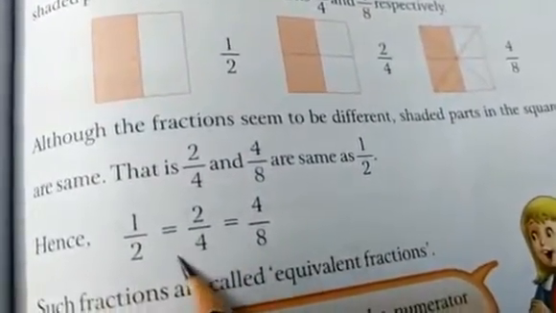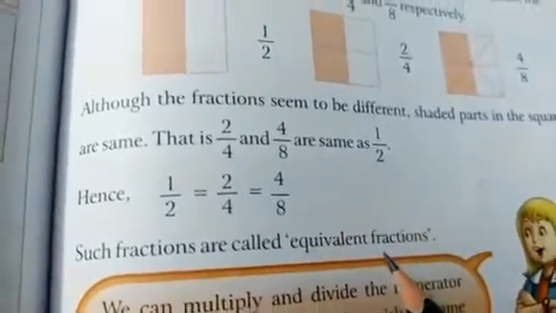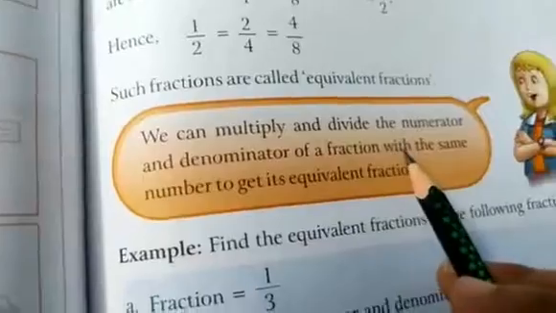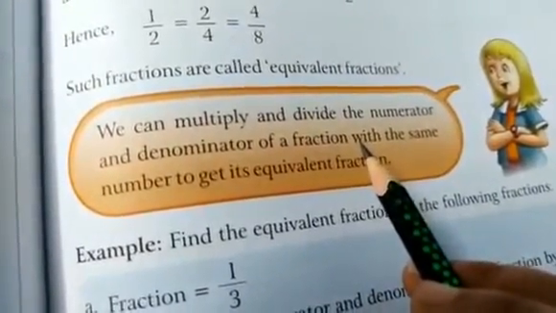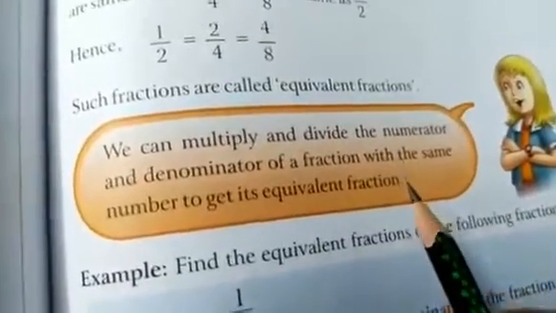Okay, hence 1/2 is equal to 2/4 and that is equal to 4/8. Such fractions are called equivalent fraction. We can multiply and divide the numerator and denominator of a fraction with the same number to get equivalent fraction.